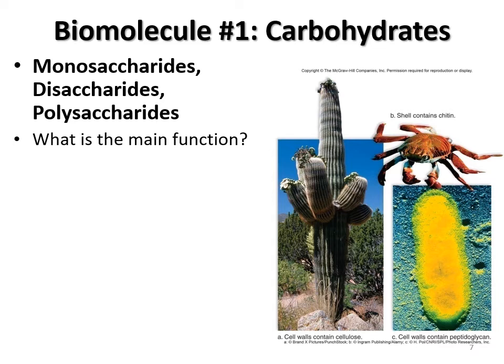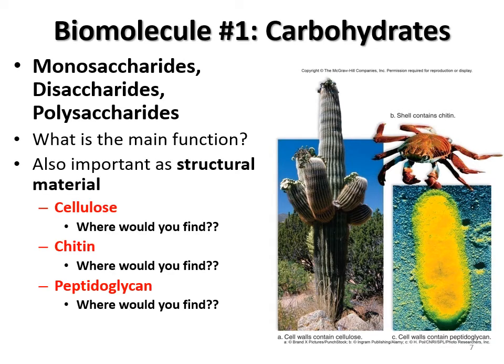Think of carbs as in the example of sugars. Well, what does it do? It gives you quick energy, right? So the main function of carbohydrates is quick energy. The second function that carbohydrates can have is structural. So they can be structural material.